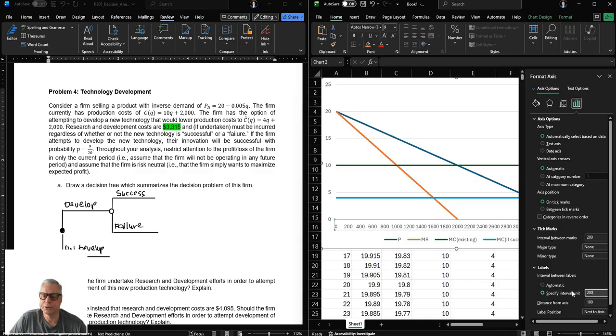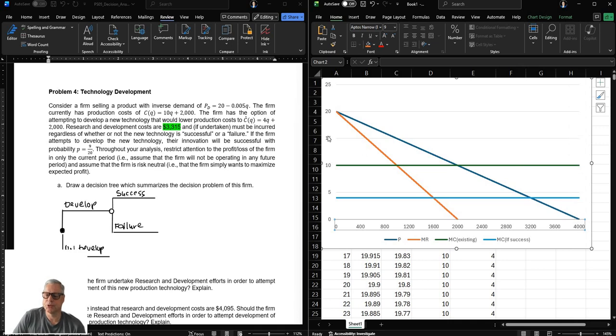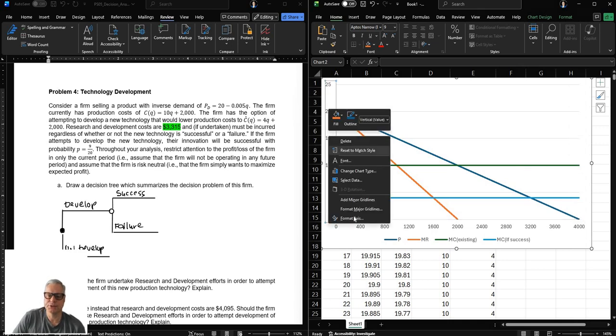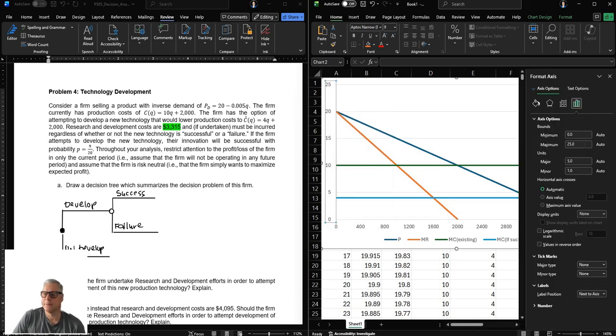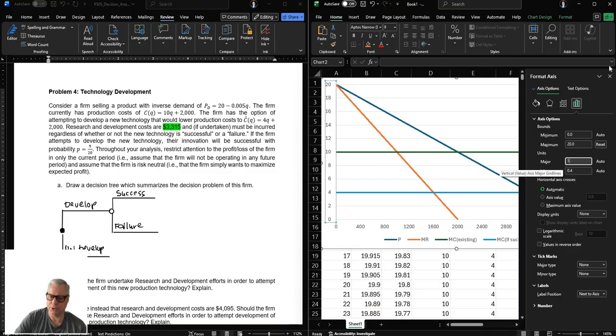Okay, so maybe 400. Okay, so that looks nice. Then let's also format the y-axis, which is the price. And let's put the maximum to 20. And the interval is actually 1.